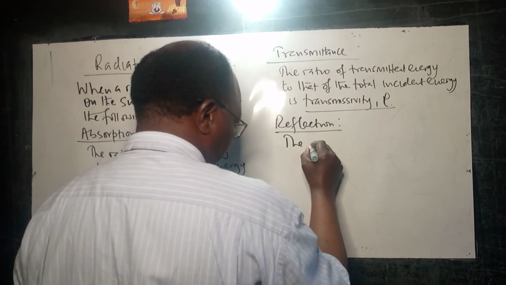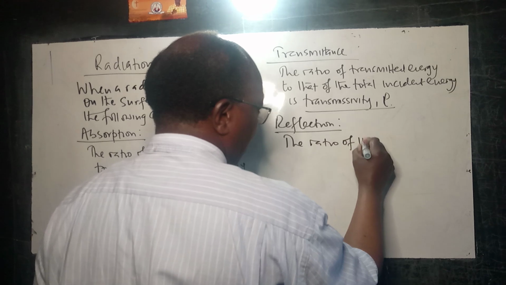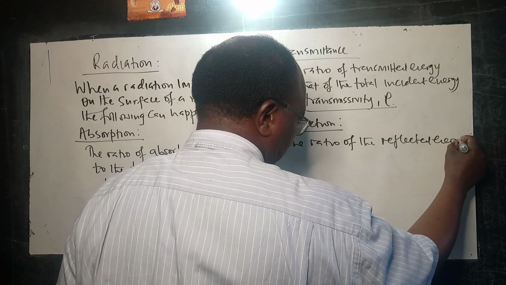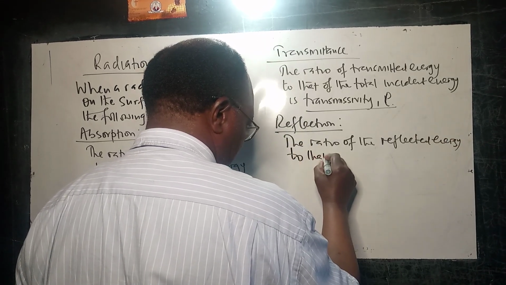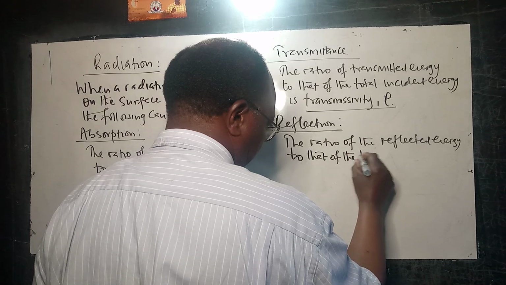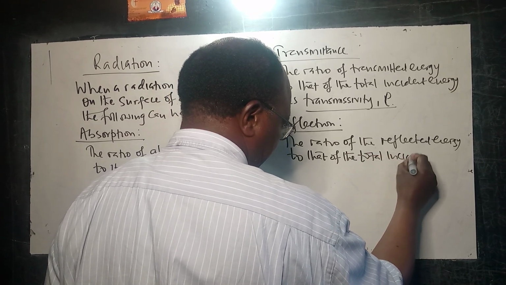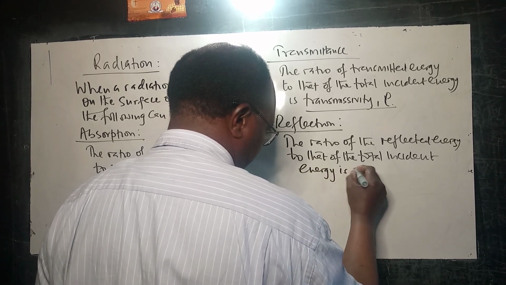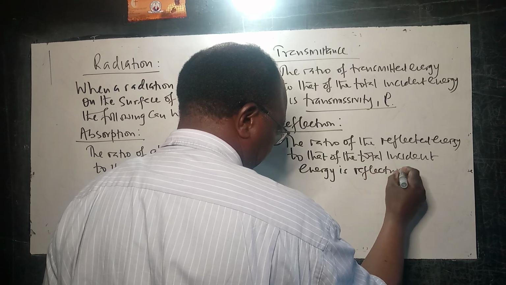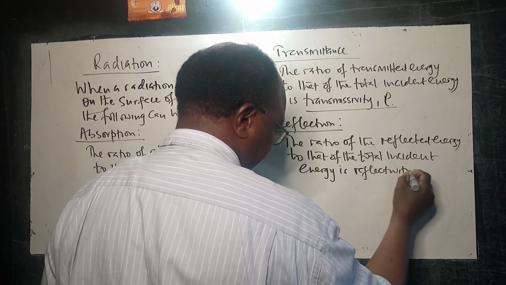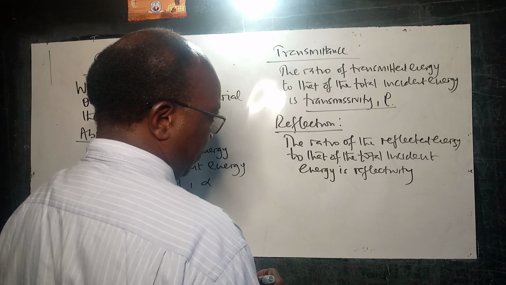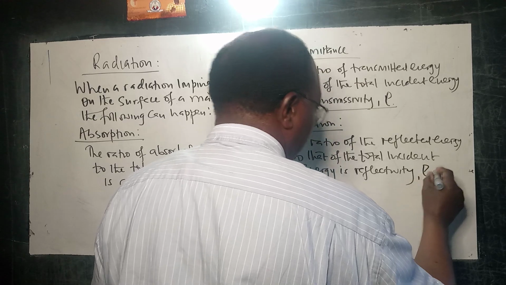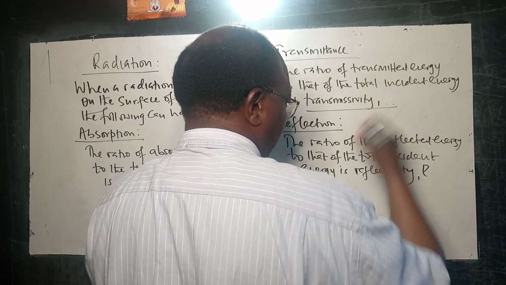Therefore, the ratio of the reflected energy to the total incident energy is reflectivity, denoted rho.